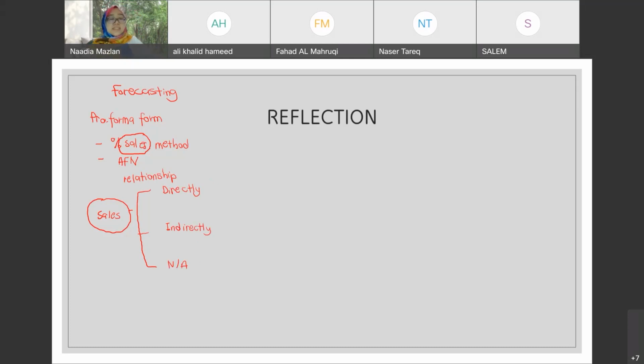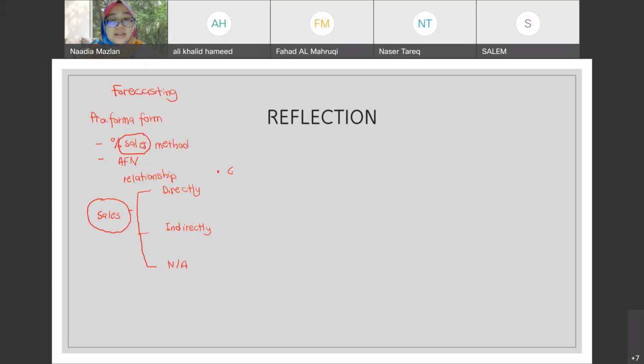So what are the components in the balance sheet that are directly affected by sales? Assets. What type of asset? Current assets and fixed assets.